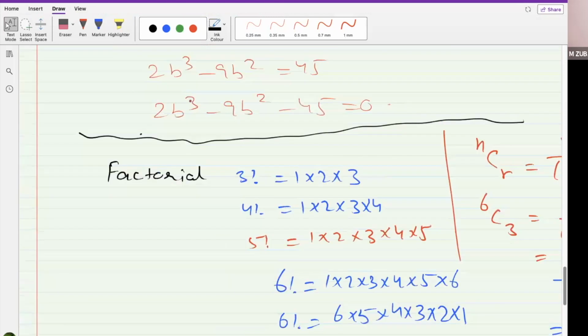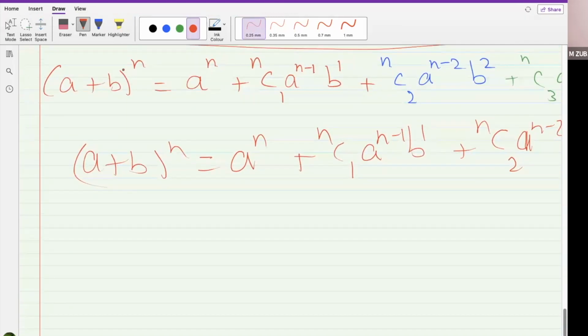Let's solve few questions. Example question. If we have (2x plus 3) raised to the power 6, the examiner will always tell you how many terms he wants you to write. For 6, these will be 7 terms actually.